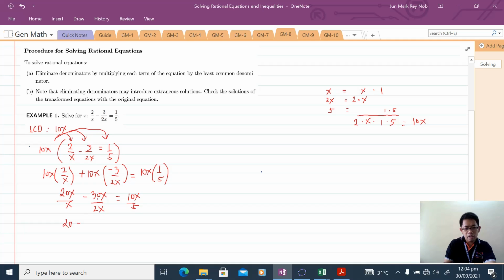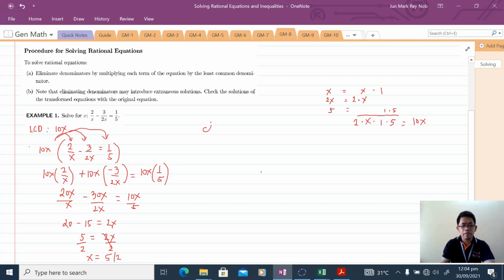Then 30 divided by 2 is 15, and x over x will be cancelled. And then 10x over 5 will be 2x. So 20 minus 15 is 5, and we have 5 equals 2x. We'll have to solve it algebraically. So to solve for x, divide both sides by 2, and you will come up with the result x is equal to 5 halves.